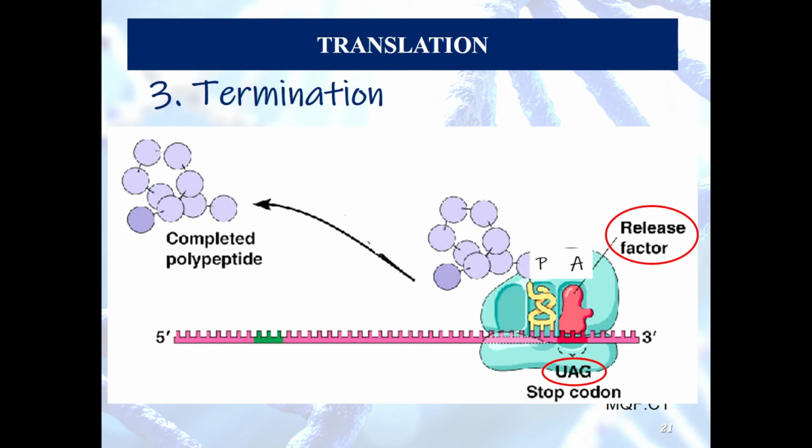The release factor causes the addition of a water molecule instead of an amino acid to the polypeptide chain. This reaction hydrolyzes the bond between the completed polypeptide and the tRNA in the P site, releasing the polypeptide through the exit tunnel of the ribosome's large subunit.